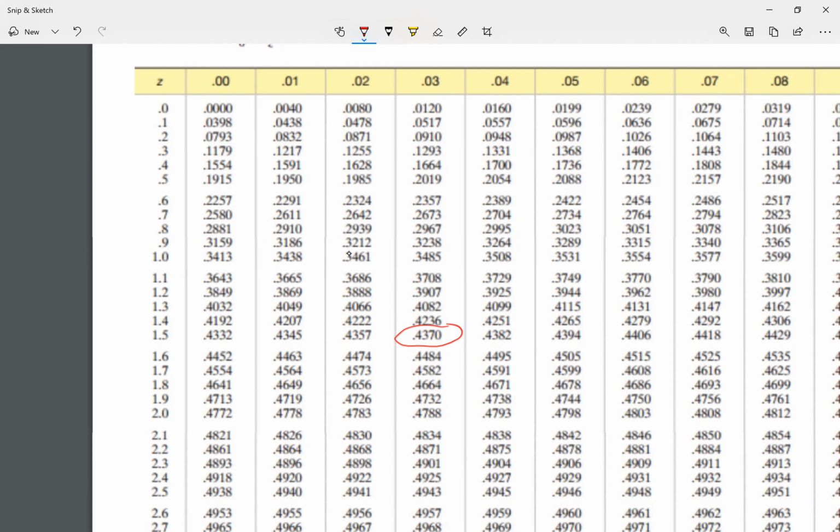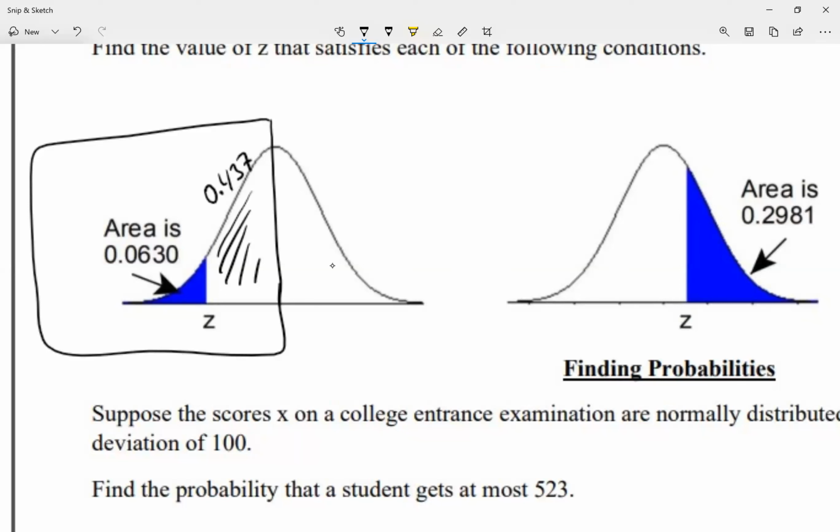What's my Z-score there? It's 1.5 and 3, so 1.53. All right, let's go back to our question here. Okay, so I know my Z-score is 1.53. Now my question to you is, is it positive 1.53 or negative 1.53? Yeah, in this case it's negative because it went to the left of the center. Remember, our average is in the center. This one went to the left, so it's negative 1.53.